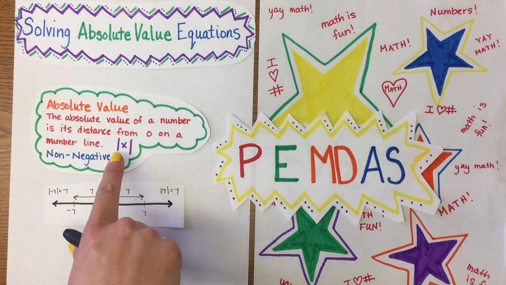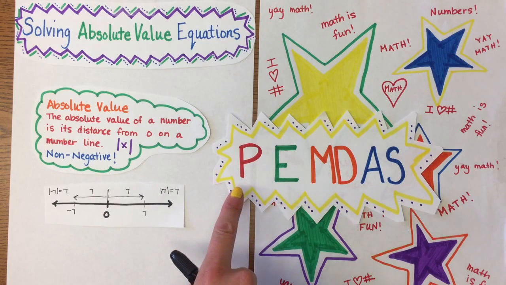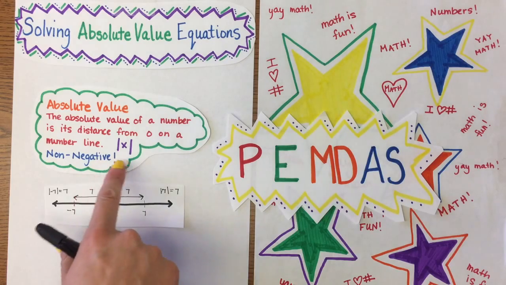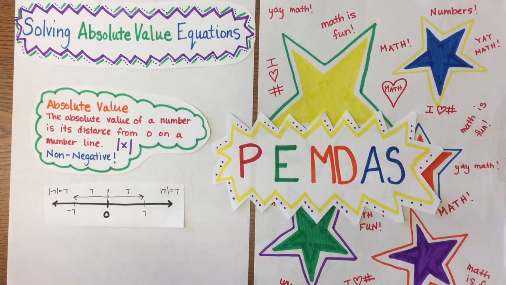So absolute value bars are parentheses, but more like brick wall parentheses. Nothing goes in, nothing comes out. You have to deal with everything that's inside first, and then we can deal with the absolute value and continue on with our order of operations.